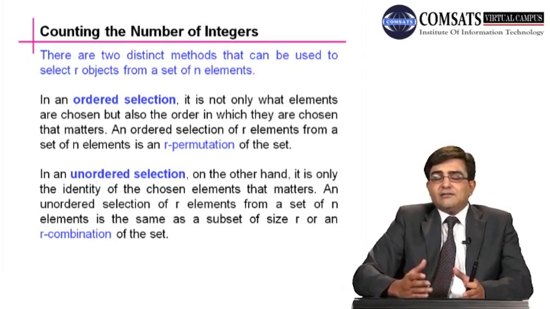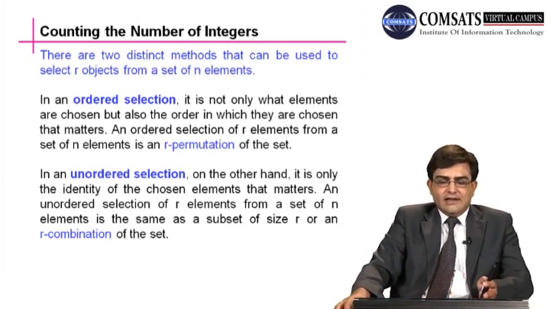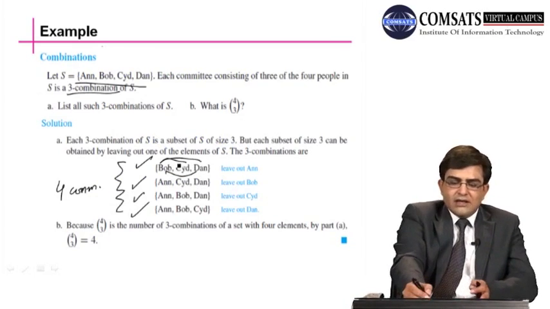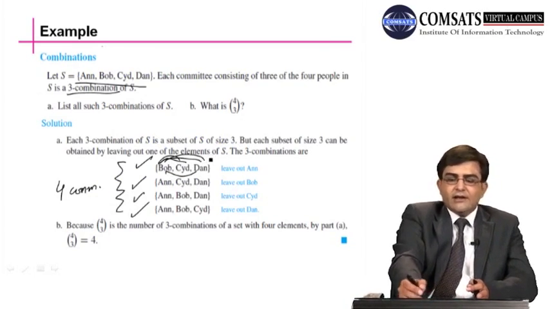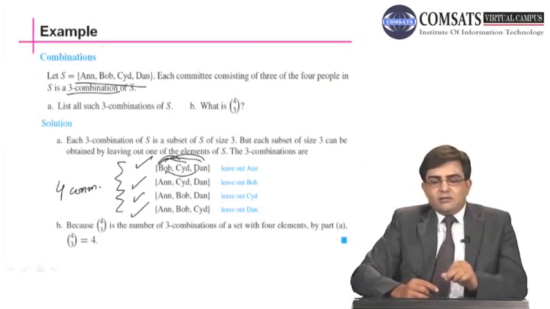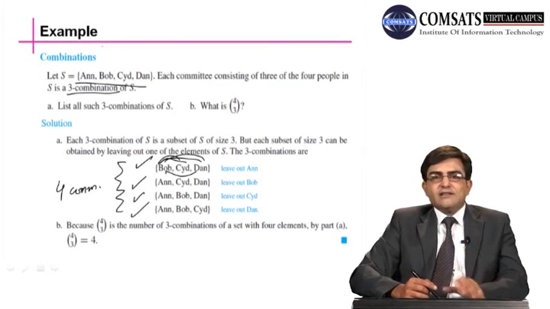That's why we can say combination is basically an unordered selection. Here we can write Bob at the end, Dan at the first, or Sid at the first, Bob at the end. The order of these people doesn't matter. In combination, the order of the elements doesn't matter.